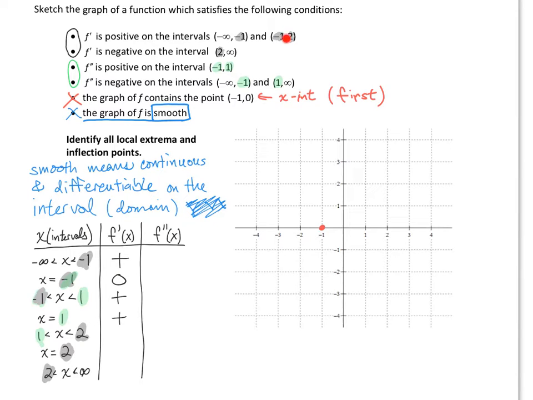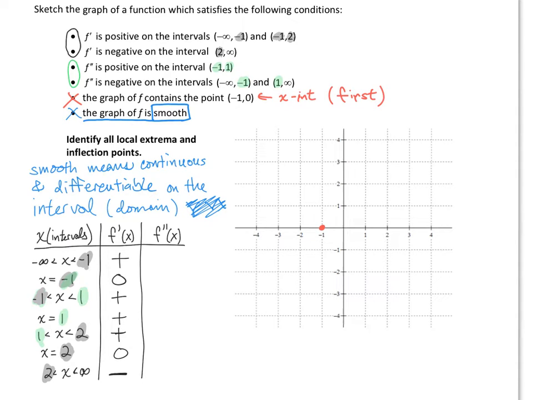Between 1 and 2, the first derivative is still positive. At x equals 2, though, the first derivative is 0. And that is because it is not included in this interval or this interval. And finally, between 2 and infinity, the first derivative is negative.